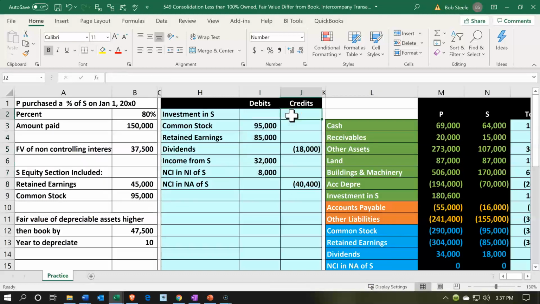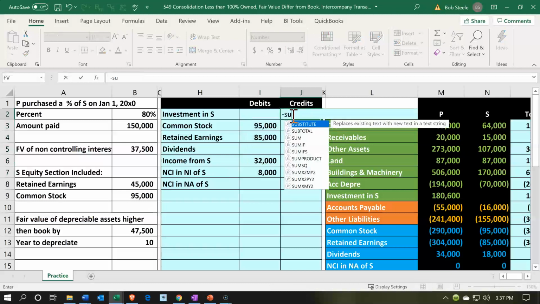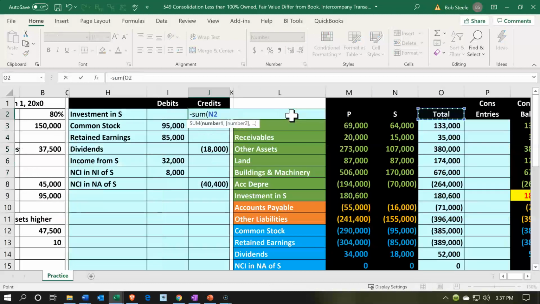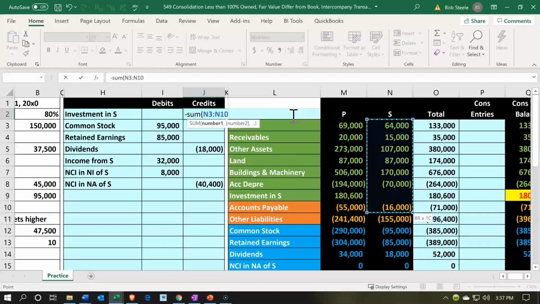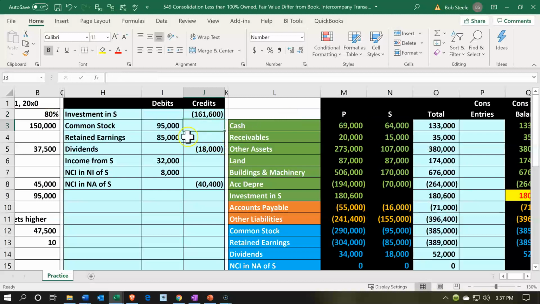So I'm going to say, all right, let's do the negative sum of the same thing, assets minus liabilities, brackets times the 80%. And there we have that. So that should put us in balance then. So there it is. Let's post it out.